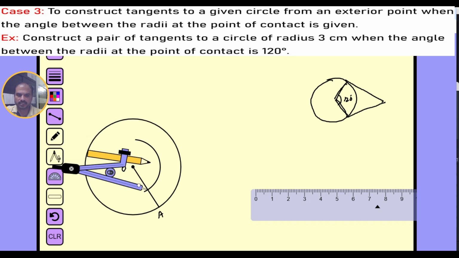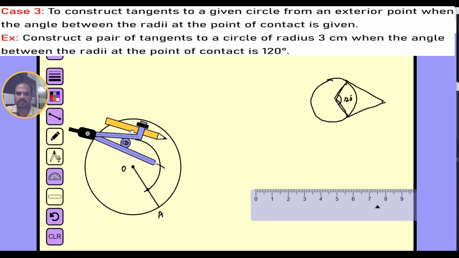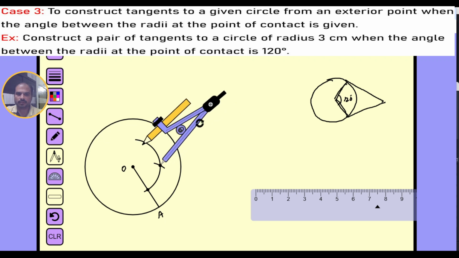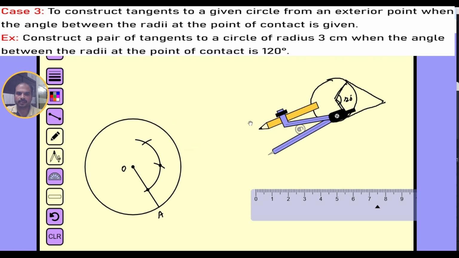Don't change the length of the compass, keep the sharp edge over here, cut the first arc you have drawn, lift the compass, keep the sharp edge at this point, and cut the arc you have drawn. Now your 120 degrees is ready. Clear, children? This is the other radius, which I call B.